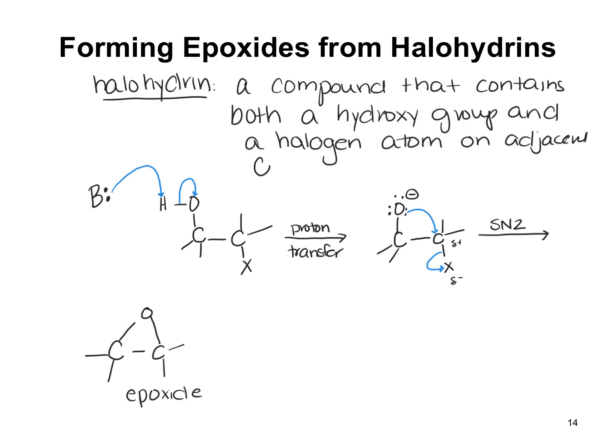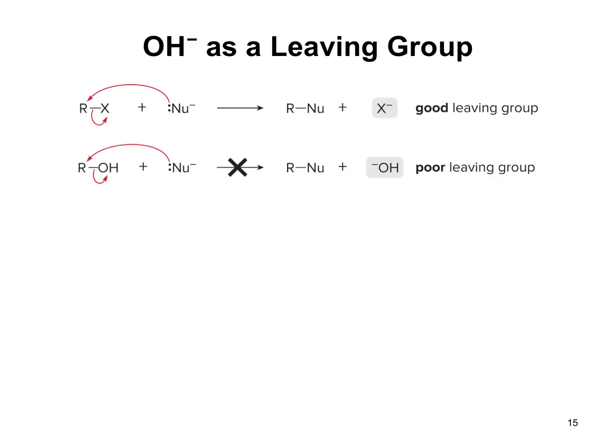Okay, so we've learned so far how to prepare alcohols and epoxides. And so now maybe what you're curious about is what type of reactions alcohols and ethers and epoxides can undergo, right? Well, let's talk about this a little bit.